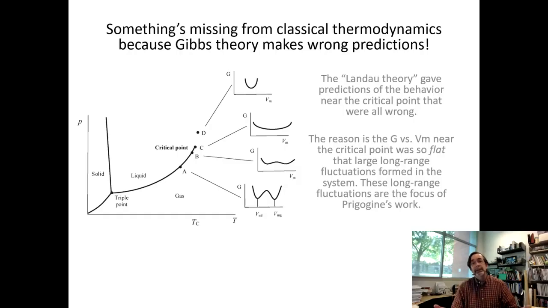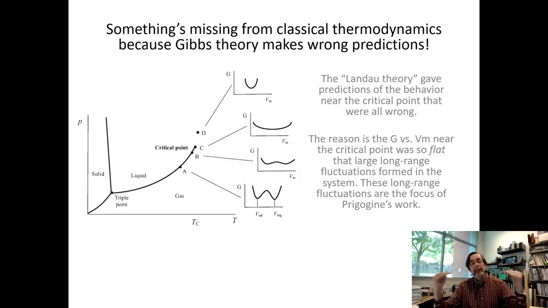The flat energy surface, the normal theory does not allow you to predict what will happen. Prigogine's work allows you to say there can be long-range fluctuations that influence what will happen when you get to point D. Basically, for point D, you see at point A you have 2 minima, 2 places to be.